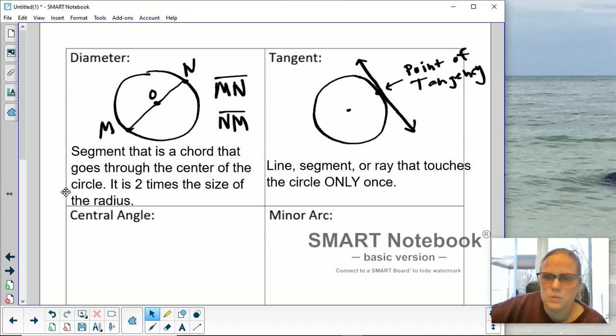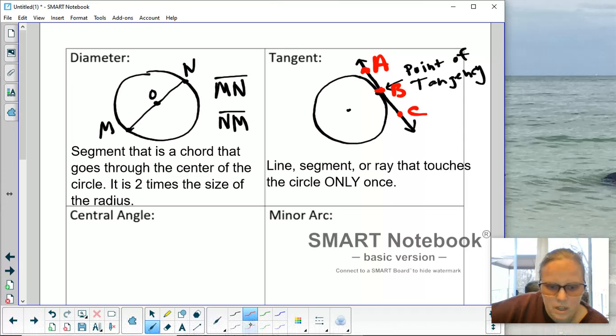Okay, now for this one, I drew a line, and because I drew a line, when I go to name it, I'm going to use at least, and you need 2 points for sure, but sometimes they have that point of tangency as well. So let's say I called this A, B, C. When I go to name this, I only need 2 of the points, and it does not have to be the point of tangency, but it could be the point of tangency that I use.